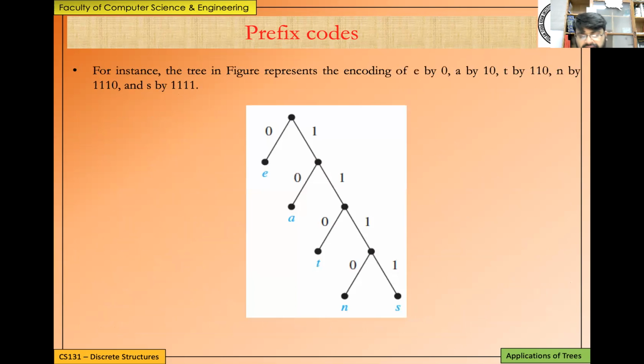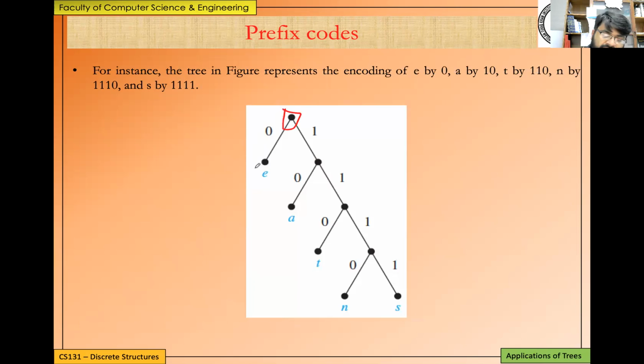So for example, in this case, we want to label E, A, T, N, and S. You can note that there is no label given to the internal nodes, including the root.